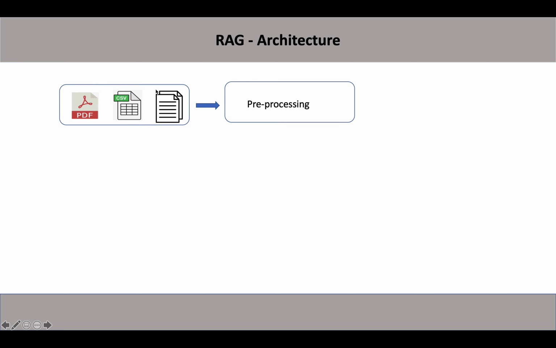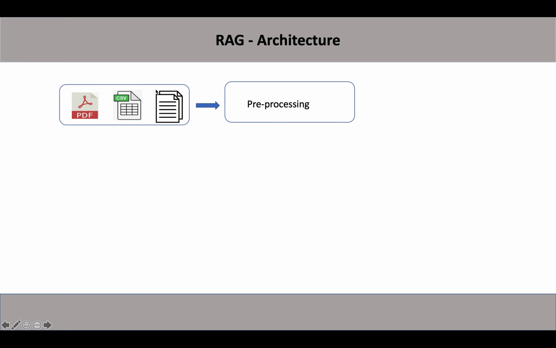It contains a lot of steps like data loaders. We are loading the data. Then we are cleaning up the garbage from the files. Then data tagging, document tagging, like time, context, keywords.